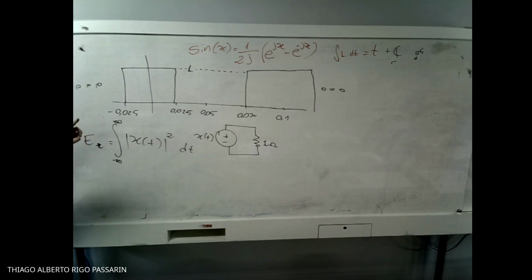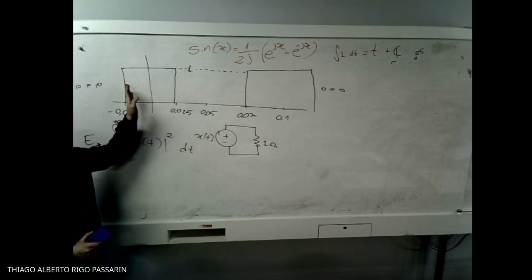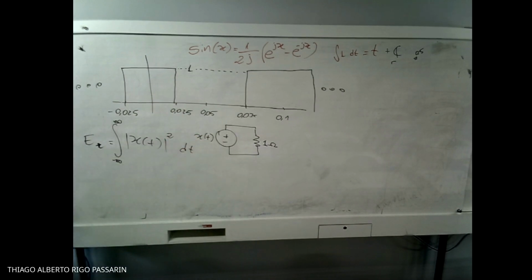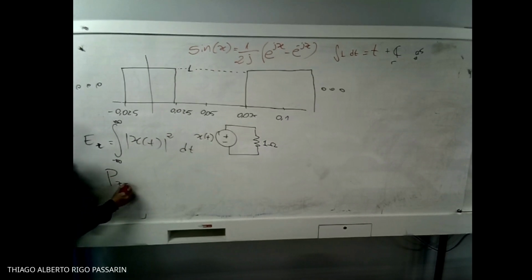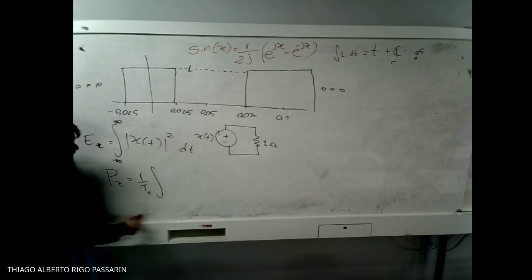But for periodic signals, it's complicated to compute the energy because this integral will not converge, right? I sum this area squared, then that, and that, from minus infinity to infinity. It will not converge. So for periodic signals, we defined the power of a signal, which is, I just divide by the period, and I integrate over one period. Then it's the power. It's the same idea here.